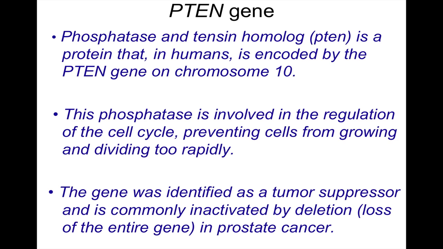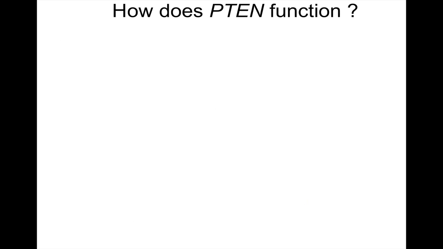It was identified as a tumor suppressor gene by virtue of the fact it's inactivated, and this is usually by deletion of the entire gene in prostate cancer. In other tumors and other patient classes, it's seen by point mutation, but in prostate cancer it seems to be mostly by deletion of the entire gene.